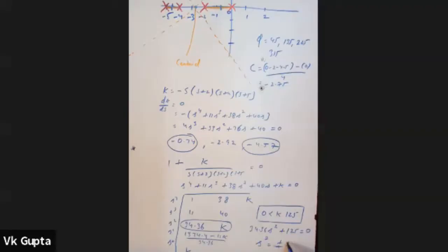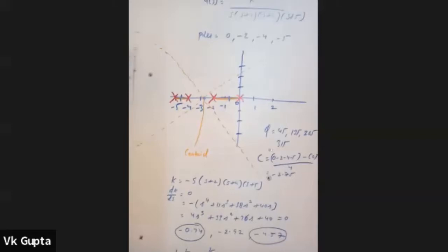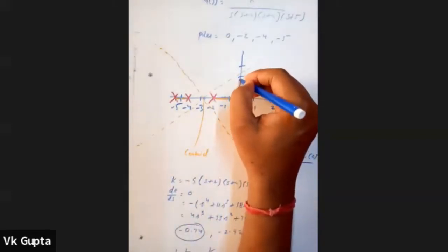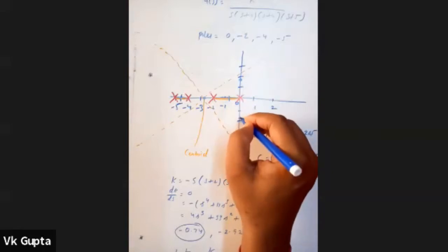That's correct. So you got the intersection at plus or minus 1.9j. Let us mark 1.9 somewhere here and somewhere here.